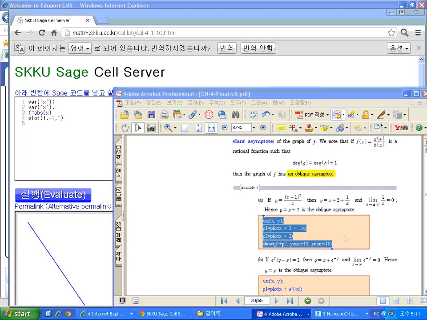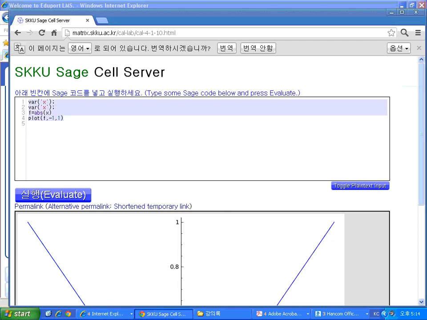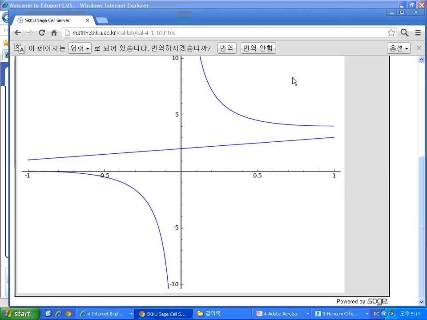Okay, let's see some examples of oblique asymptote. We make a copy of this command that shows the graph of this function and one of the oblique asymptotic lines. Let's put it here. Then let's see the graph.